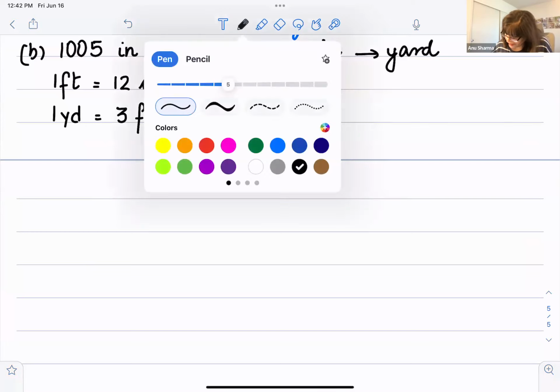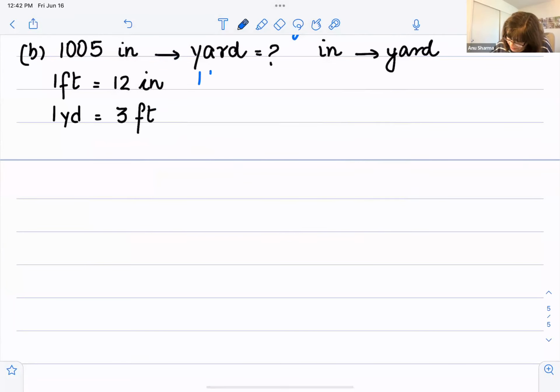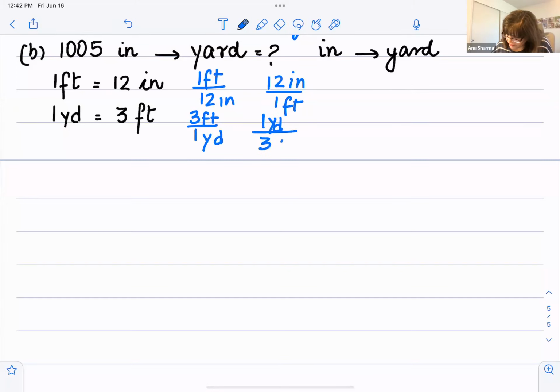So the two conversion factors are 1 feet over 12 inches or 12 inches over 1 feet. Here you have 3 feet over 1 yard and 1 yard over 3 feet. So these are the two conversion factors.